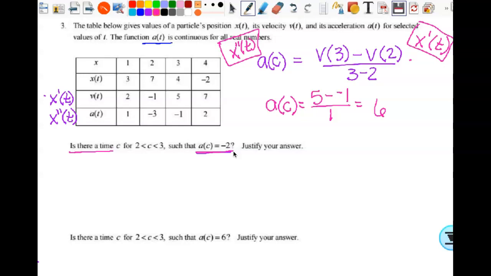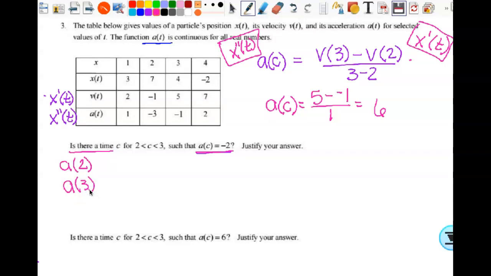Okay. So if A of c is -2, it would have to fall in between here, and it says when c is 2 to 3, right? So would it make sense that that would work that way? Okay, so can I find A of 2 and A of 3.